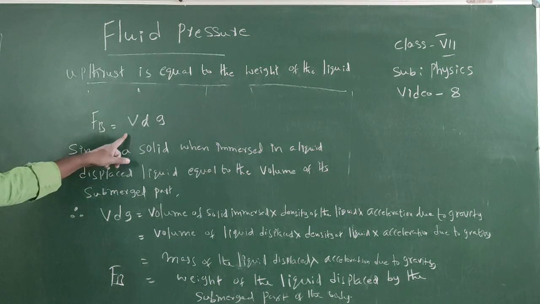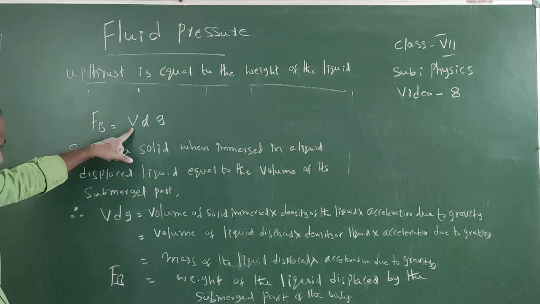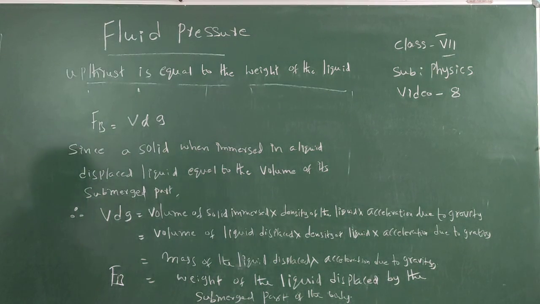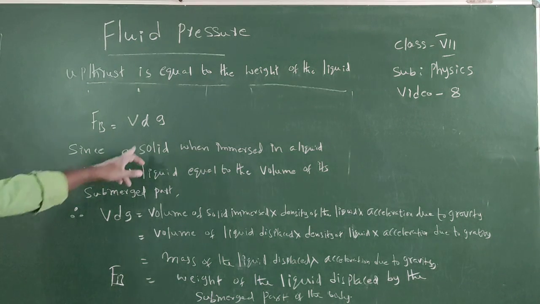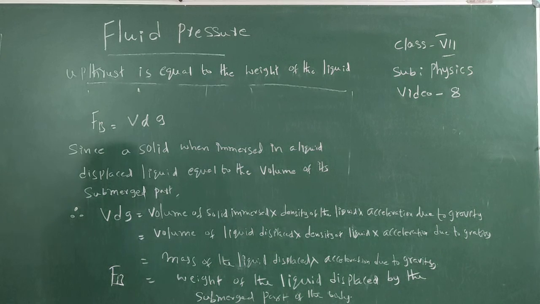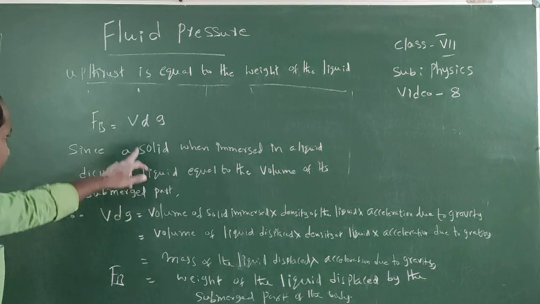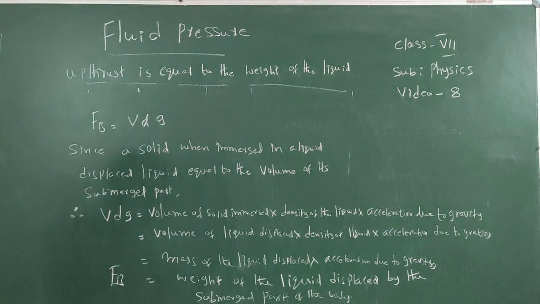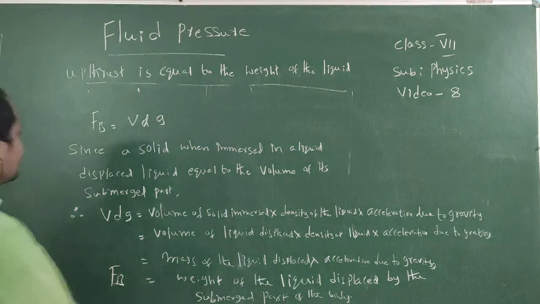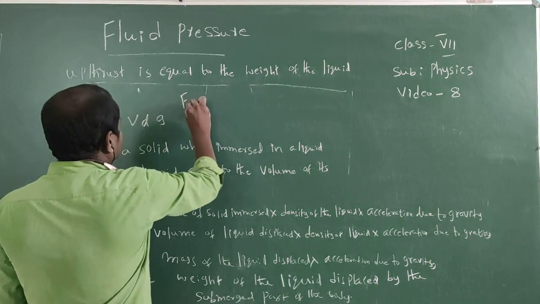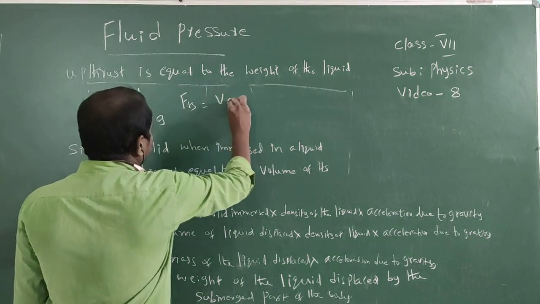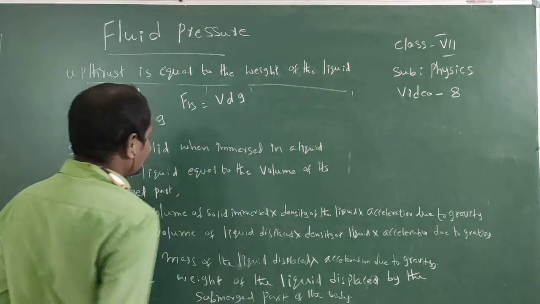So here the weight is the volume of the solid into the density of the liquid into the acceleration due to gravity, or the volume of liquid displaced into the density of the liquid into g, or the mass of the liquid displaced into g. Listen here: F equals volume into density of the liquid into g.